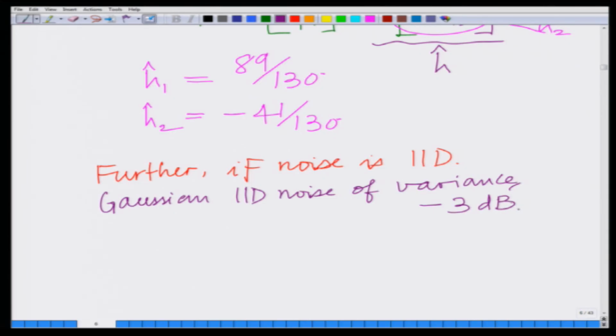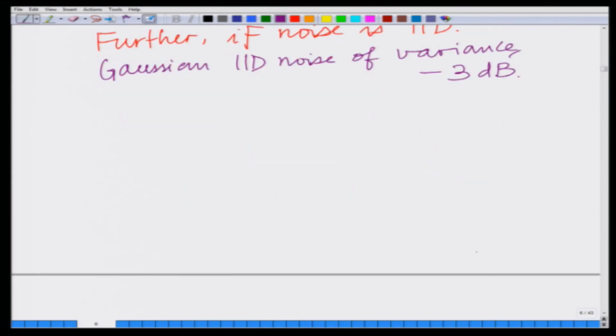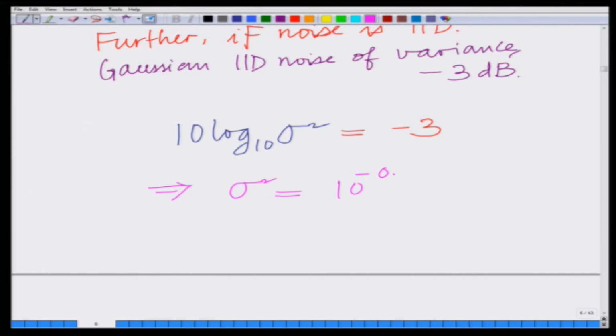So, we are considering independent identically distributed Gaussian noise samples. The variance is minus 3 dB, which implies 10 log 10 sigma square equals minus 3, which implies sigma square equals 10 to the power of minus 0.3, which is approximately equal to half. So, minus 3 dB noise variance implies that sigma square is approximately equal to half.